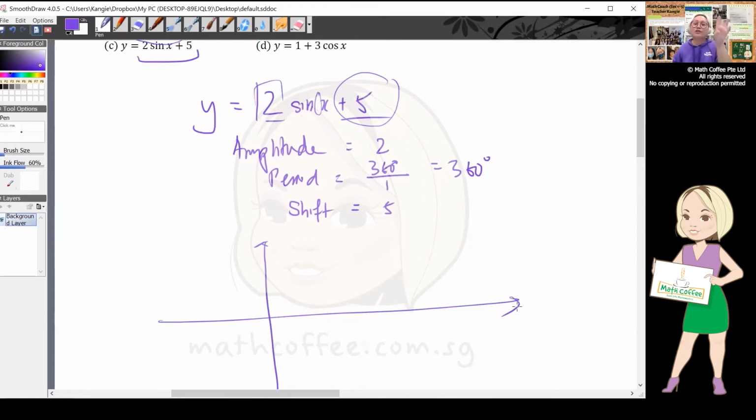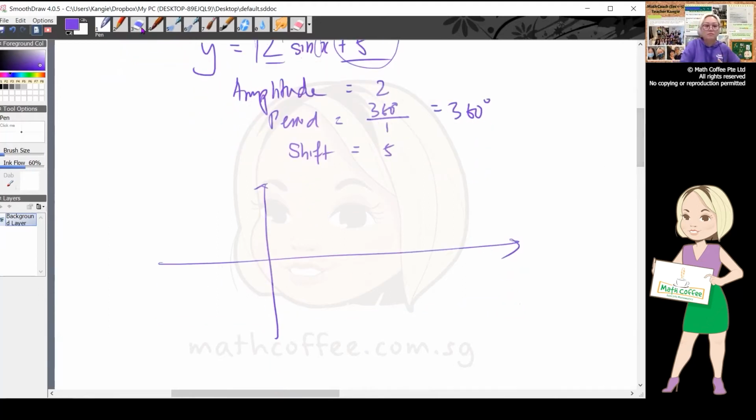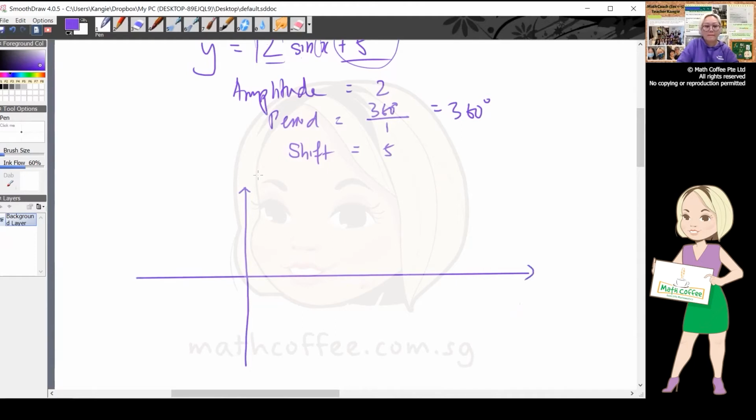Remember just now the original graph whereby the shift is 0 and the middle is the x-axis, agree? So when there's a shift, I will find my 5 and draw the dotted line.